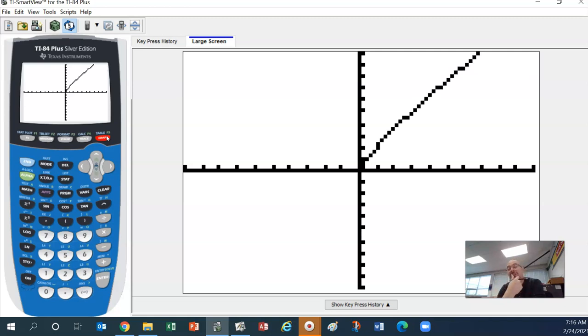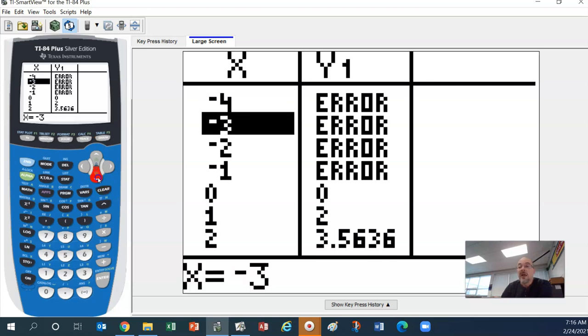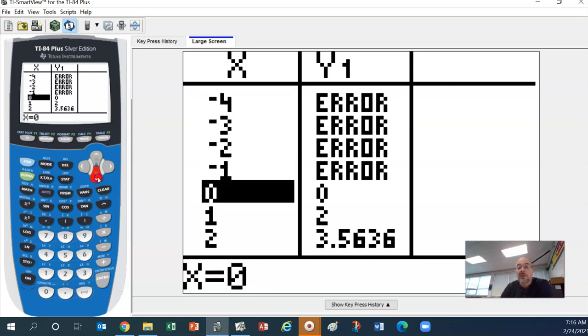Whoa, okay, it almost looks linear, doesn't it? But it's not linear. It looks like it started right there at the origin, doesn't it? Well, let's take a peek at the table. Whoa, look at that. We've got some error messages, ladies and gentlemen.